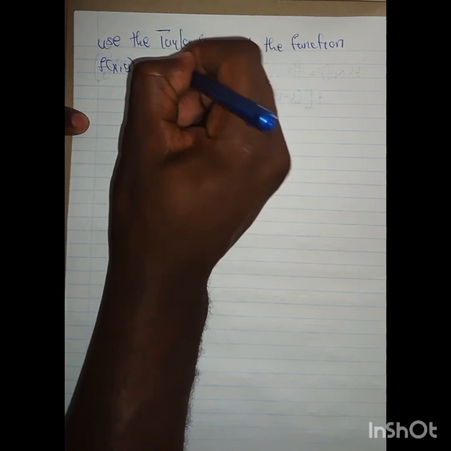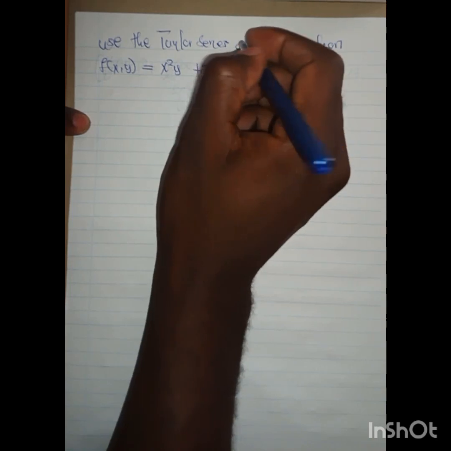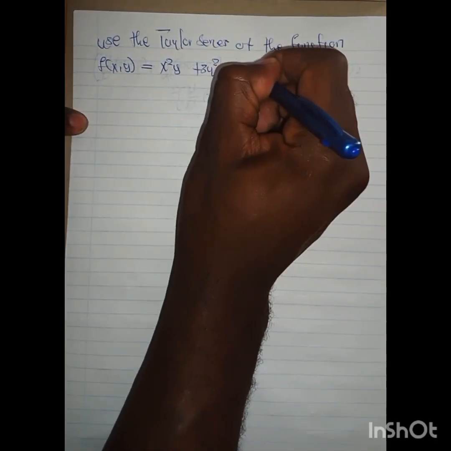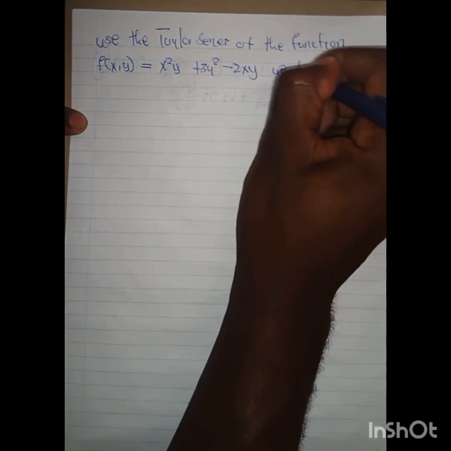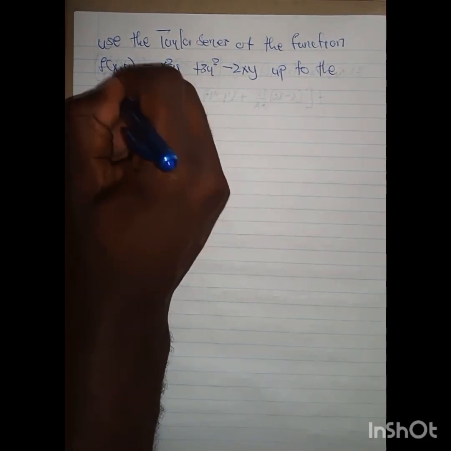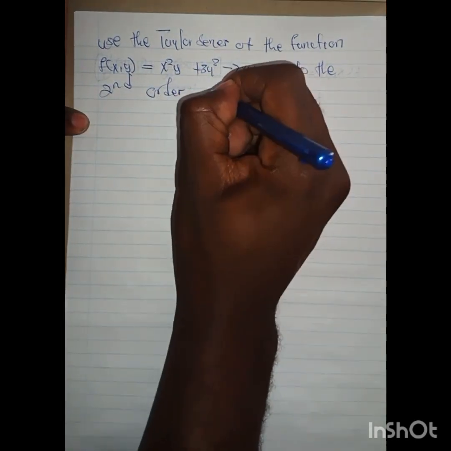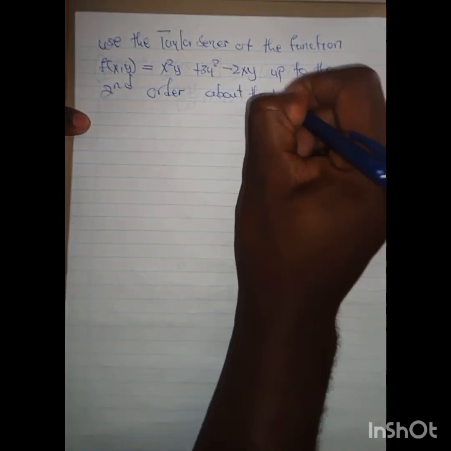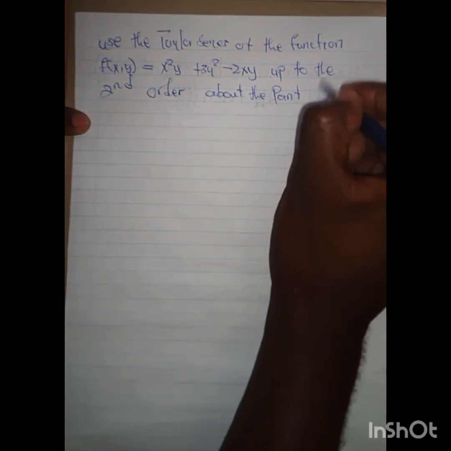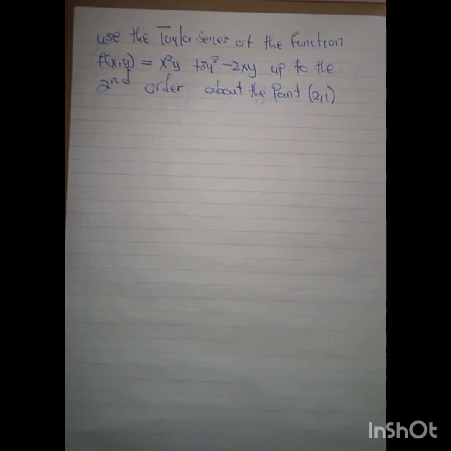Then this function is x squared y plus 3y squared minus 2xy, up to the second order, about the point 2 and 1. We want to use the Taylor series of the following function up to the second order about the point 2 and 1.